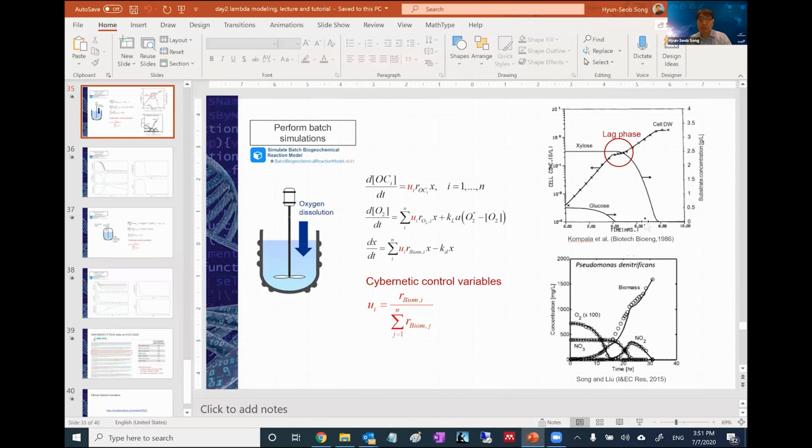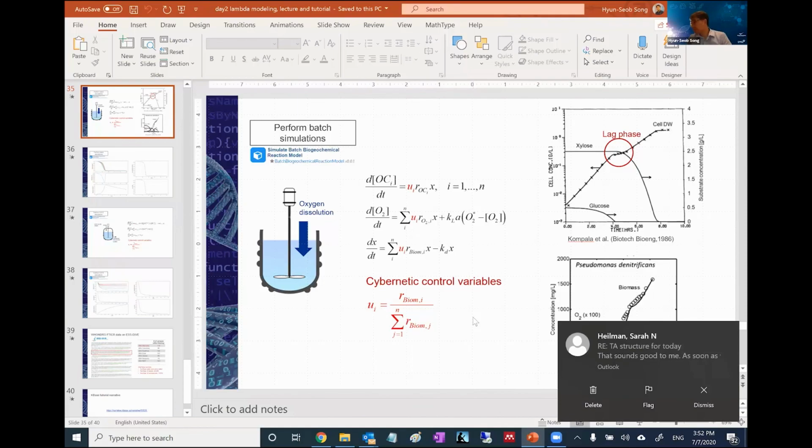That's why this organism, Klebsiella oxytoca, takes glucose first, preferably, to maximize their growth initially. When glucose is depleted, they switch over to xylose. Same thing here. This U variable represents their regulatory behavior in taking up organic carbon and nutrients in an order that promotes their growth.